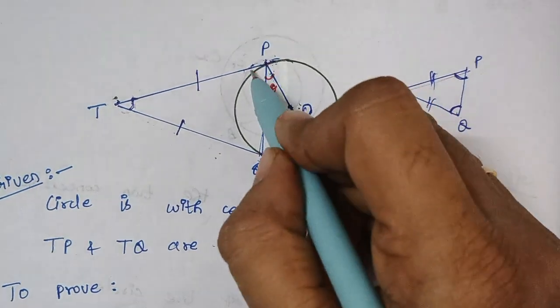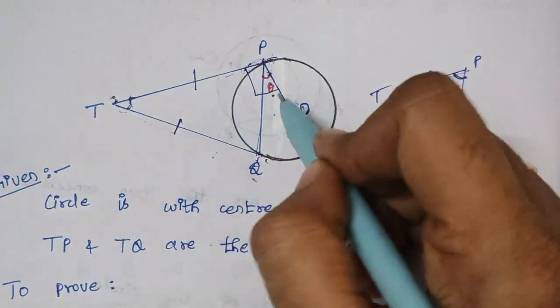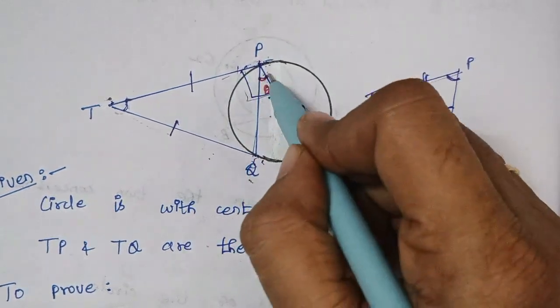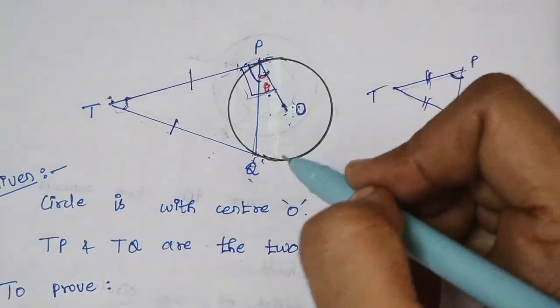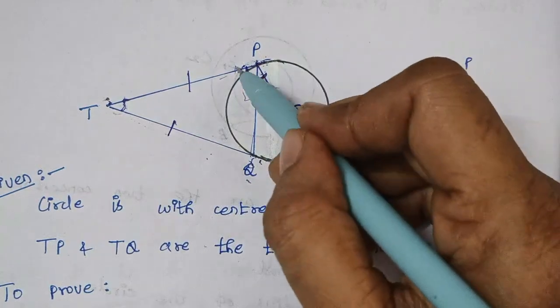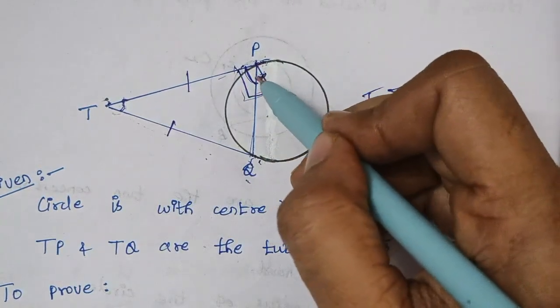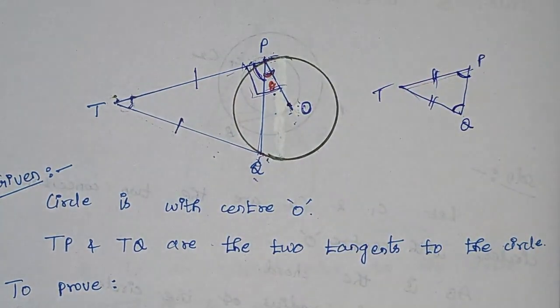This angle OPT is 90 degrees and this angle is theta. So what about this angle? The entire angle is 90 and this is theta. So here this angle will be 90 minus theta.